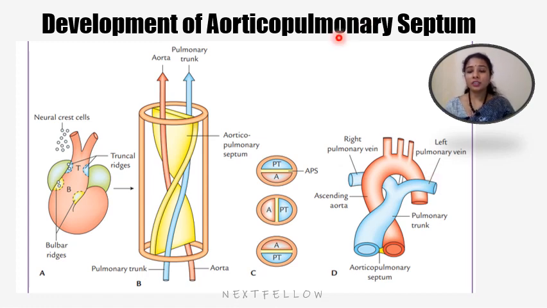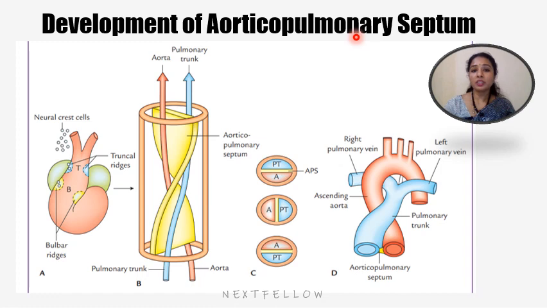So the truncal ridges grow and fuse with each other to form the spiral septum close to the conical part of the ventricle. Later this septum fuses with the interventricular septum as well and continues with the interventricular septum below. That's how we can understand that the relationship of the pulmonary trunk and the aorta with each other differs in the lower, middle and upper parts.